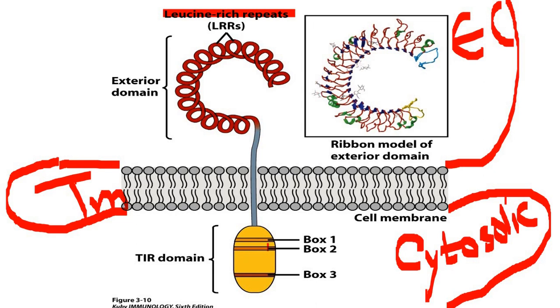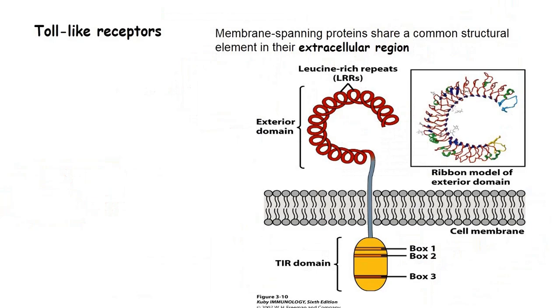Here is a snapshot summary of what I taught, because a 2-mark question is often asked: describe the structure of Toll-like receptor. You have to draw a small schematic figure, not a very artistic figure, and explain the key points. So, this is the Toll-like receptor.